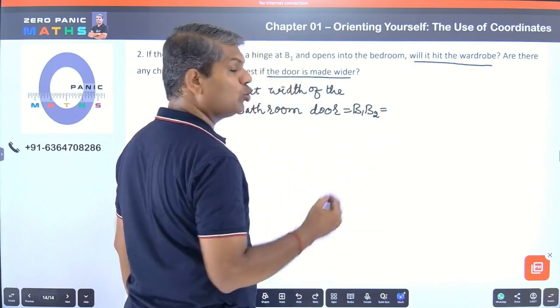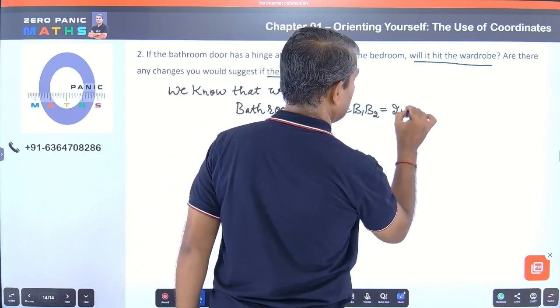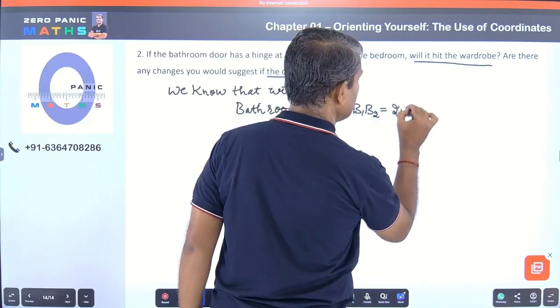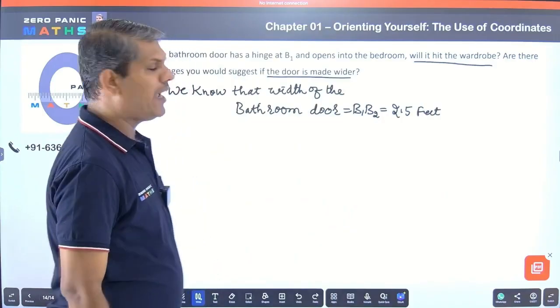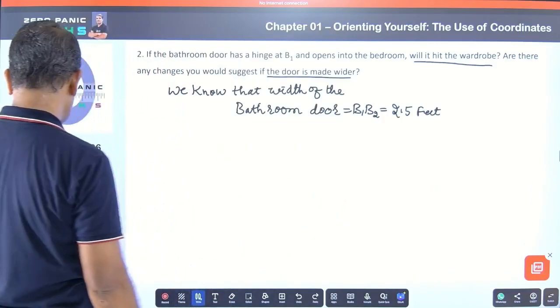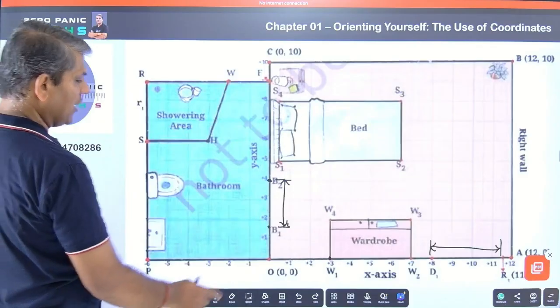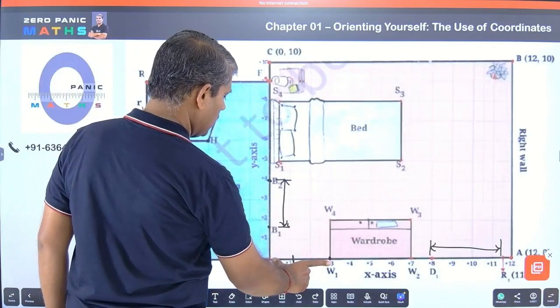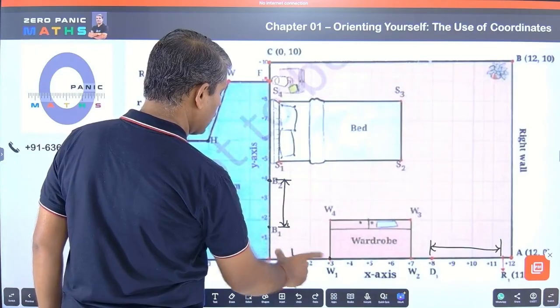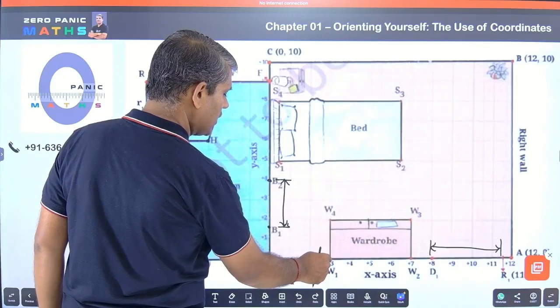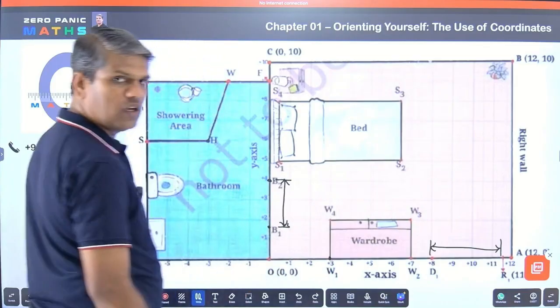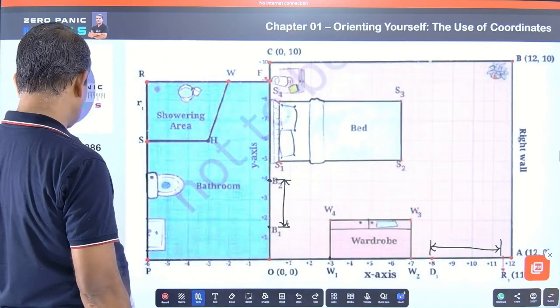And that is equal to 2.5 feet. And the distance of the wardrobe, that also we need to state, right? So the distance of the wardrobe from the left wall is 3 feet, because it is x coordinate 3 minus 0, from the figure.